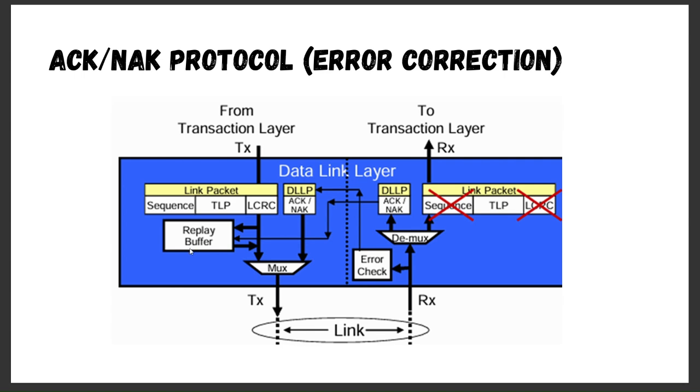Then receiving the TLPs: if the receiver detects no error, it sends an ACK DLLP back to the sender, which deletes the TLP from its replay buffer. If an error is detected, the receiver sends a negative acknowledgement DLLP, prompting the sender to resend the TLP from the replay buffer.